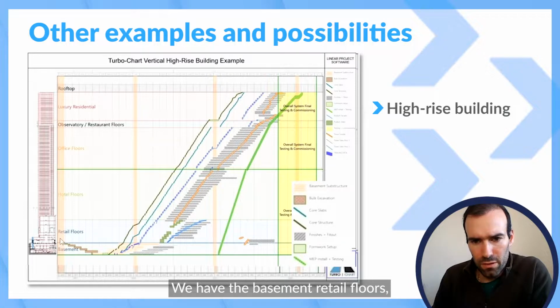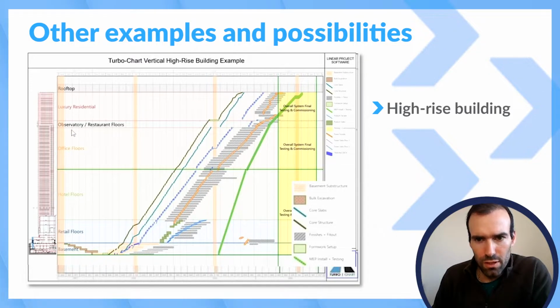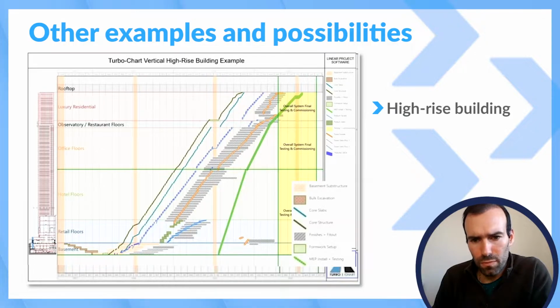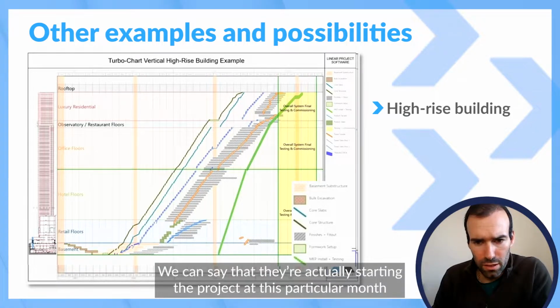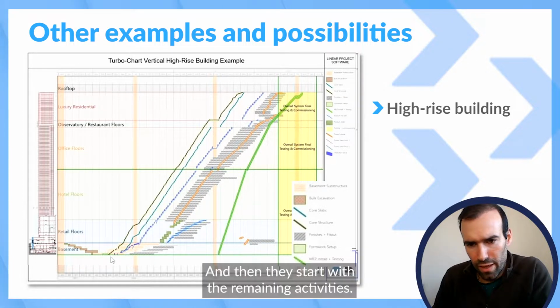We have the basement, retail floors, hotel floors, office floors, then we have a restaurant, luxury residential, and then a rooftop. We can say that they are actually starting the project at this particular month by doing the excavation at the basement, and then they start with the remaining activities.